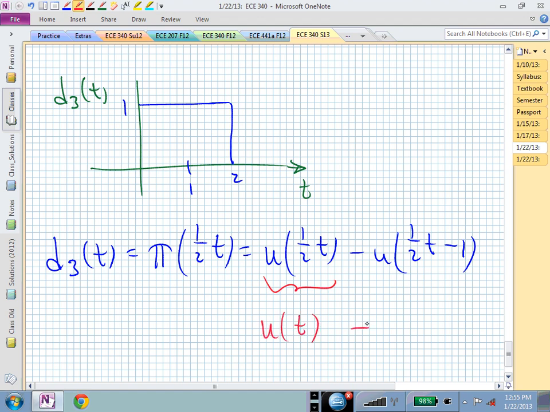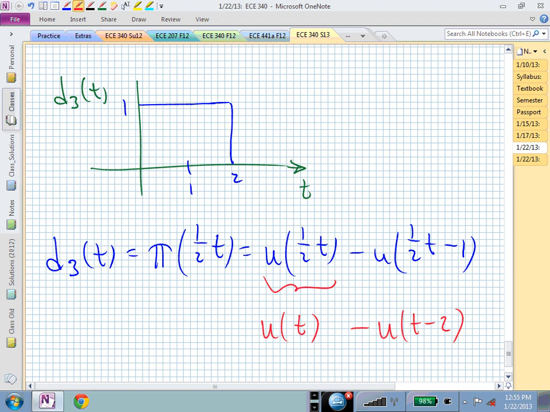And doing the algebraic manipulation on the argument of u of 1/2 t minus 1, what does that look like equivalently? That's u of t minus 2. And that in red is exactly what we've pictured for d sub 3 of t. Another way you could write this is u of t minus 2.